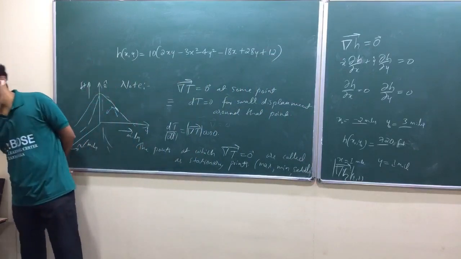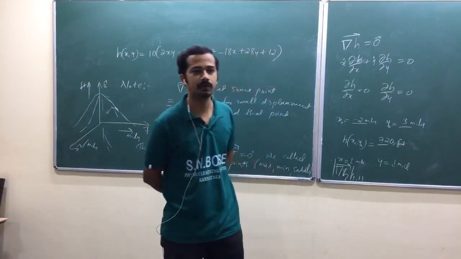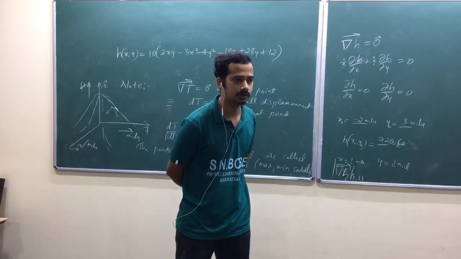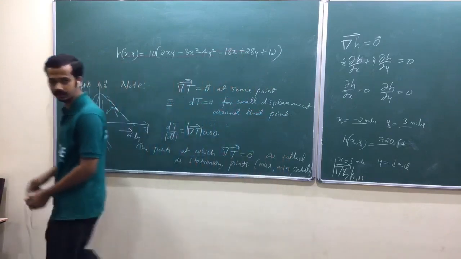But the first part of the question is, how steep is the slope at (1, 1)? Yeah, what has he done? Northwest. He has taken a direction.